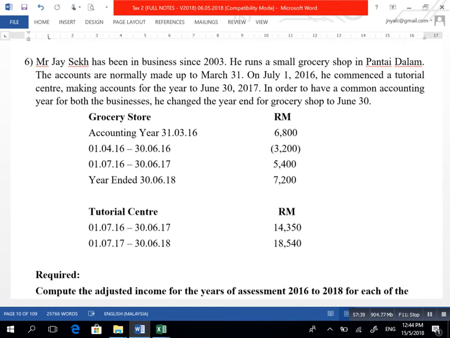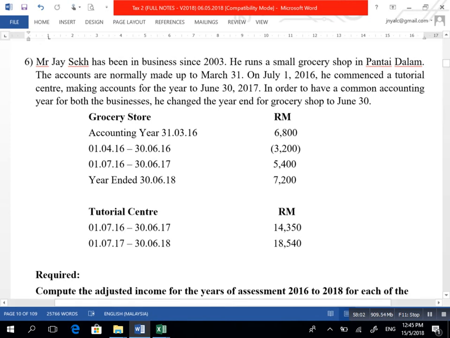Now I want you to just look at the grocery store first. Okay, and you determine for me what is the basis period. Okay, concern on this grocery store first, and determine for me the basis period and adjusted income. No need to look at tutorial center first.